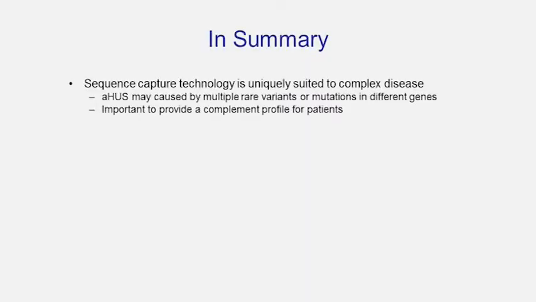And so in summary, we think that sequence capture technology is uniquely suited to diseases like aHUS because they're complex. You're usually not going to get one mutation that explains everything. And it's important to provide what we call a complement profile for patients, just so you can understand more what's the progress of disease and what the best treatments are.